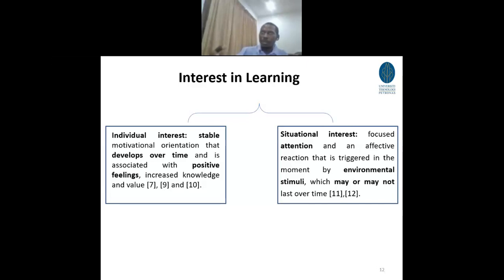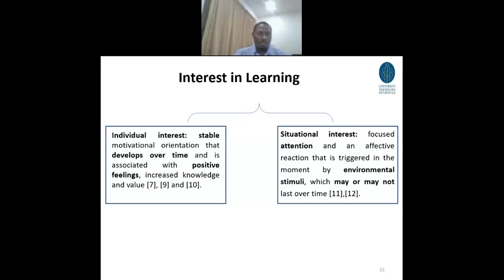But in a specific time interval, which could be short or a bit longer, you present in a way that attracts their interest, because you mention something or you teach in a way that interest happens for this particular group of students. So as mentioned over here, that will be a situational interest, but that interest may not last in the long run. It could be like 10 minutes, 15 minutes for this particular topic.